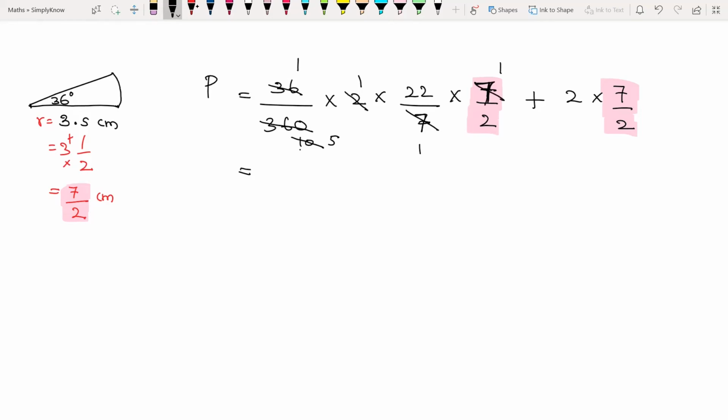And then this 22 and 2. 2 times 11 is 22. Right, now what are the remainings? On top we have 11 and below we have 5. 11 over 5. Plus, here again these two 2's we can cancel. So the remainder is 7.